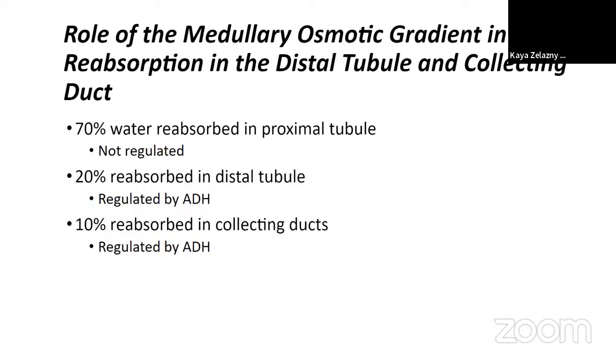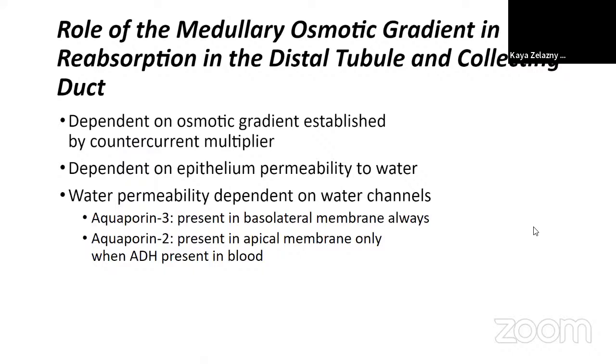We want to be able to control this because we're really using the kidney to process blood and fluid in order to maintain appropriate blood volume, so we can maintain blood pressure. All right, so that's happening in the distal tubule and the collecting duct. We're going to be talking about the role of this hormone ADH. That's a preview for what's coming up.